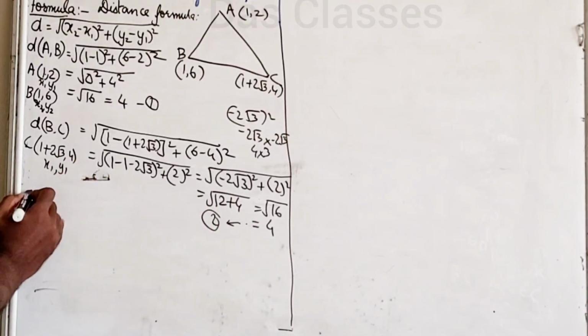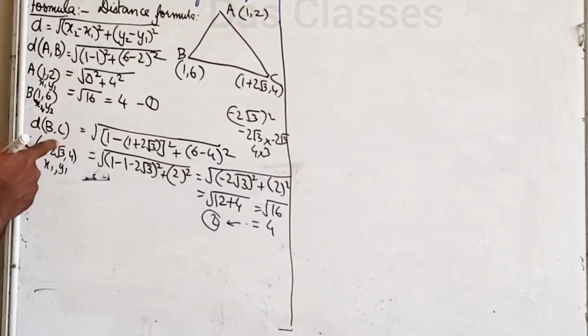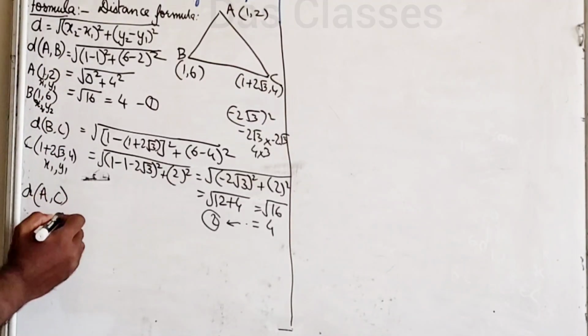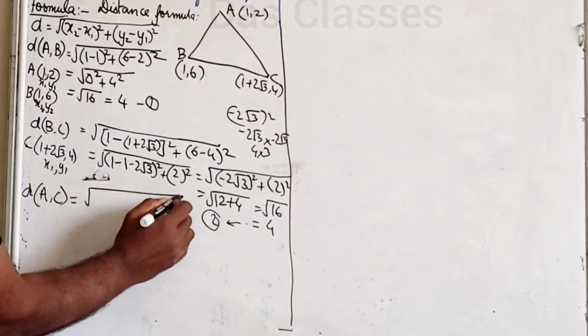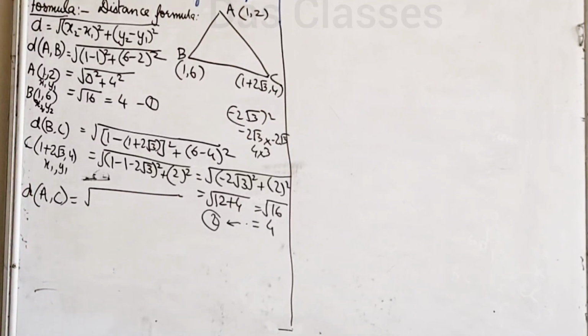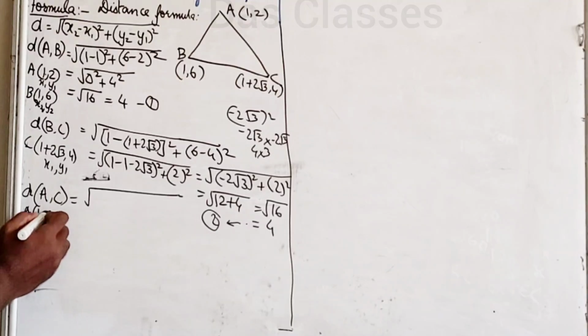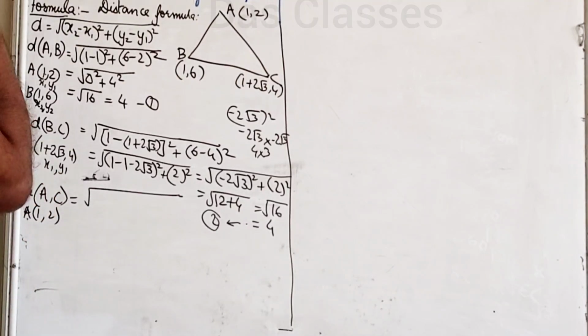Now we have found out AB, we have found out BC. Now we need to find out distance AC. Again the same formula for distance AC. But A and C we had considered both are x1, y1. So now while we write the coordinates, one we have to consider as x1, y1, one we have to consider as x2, y2.